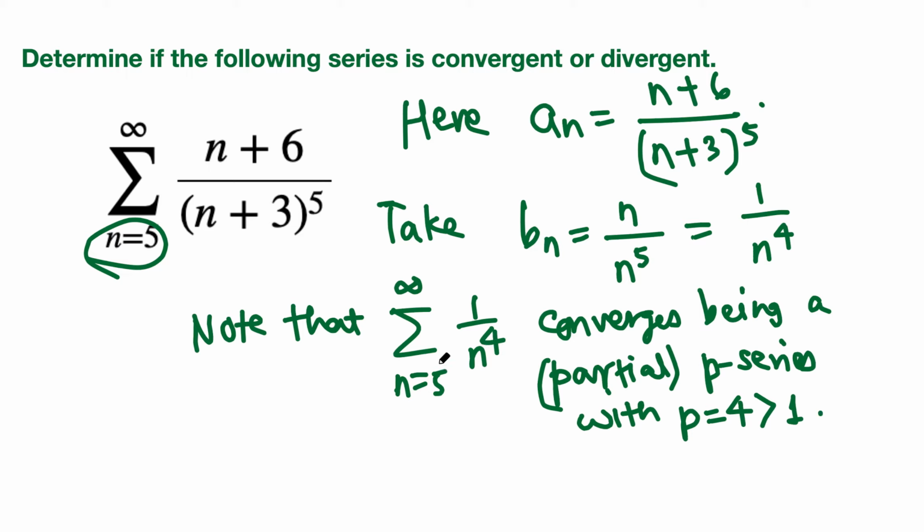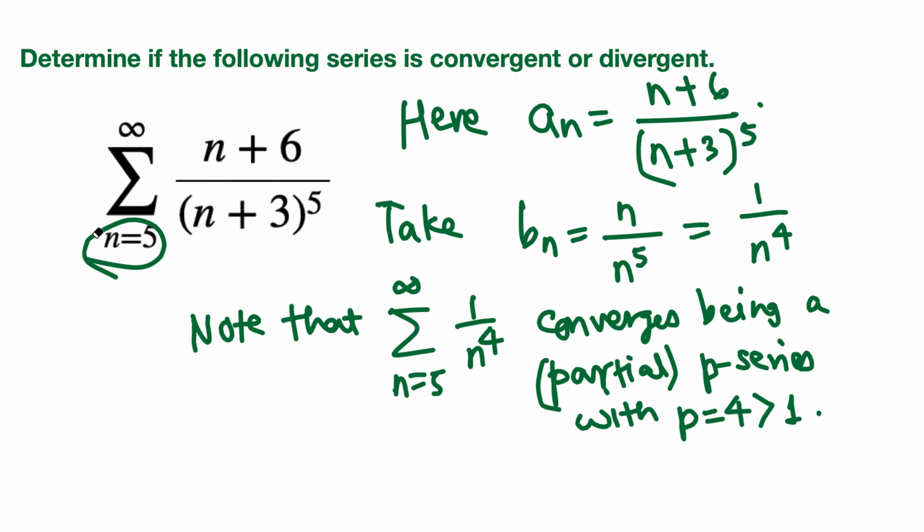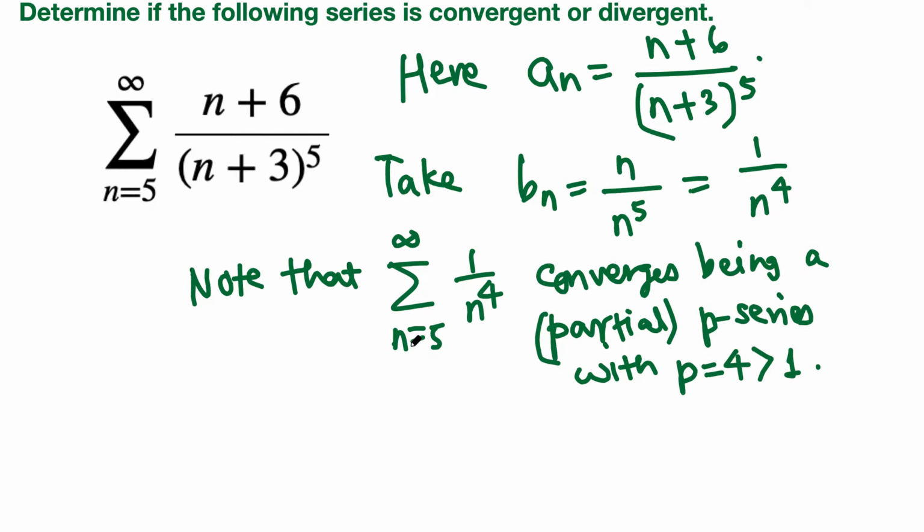Now we want to use the limit comparison test. We want to find the limit at infinity of the ratio a_n over b_n. If that comes out to be a positive finite number, both series behave the same. That means since this converges, the given series also converges if the limit happens to be positive finite.